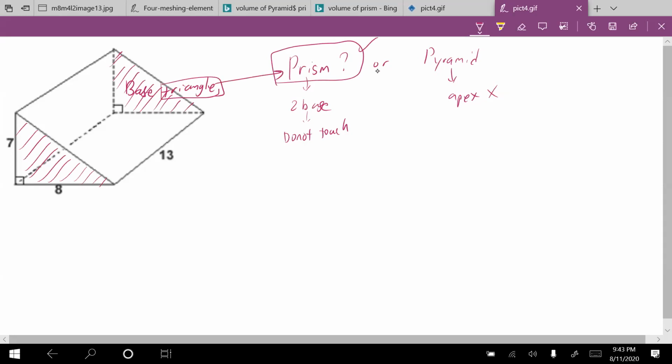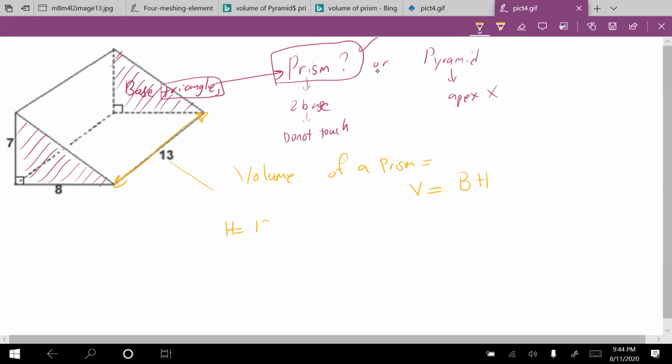So we're trying to find the volume. The volume of a prism is V equals area of the base times the height. Remember, the height is the distance between the two bases. So our height will be 13.